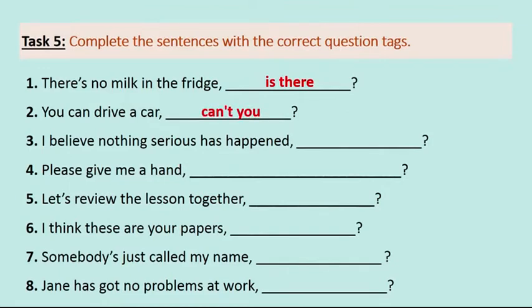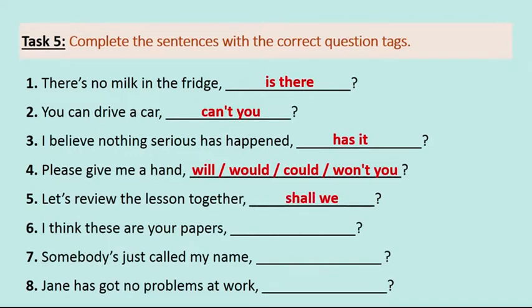The statement includes the word nothing, so the question tag must be has it. Number 4. The statement in number 4 is an imperative. The question tag for an imperative is will, would, could, or won't you. Number 5. The question tag for let's is shall we.